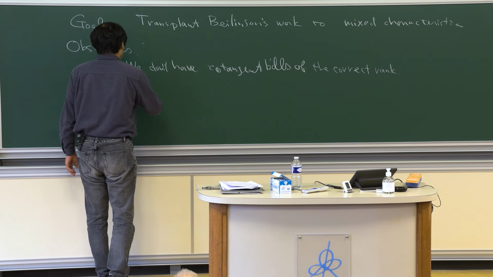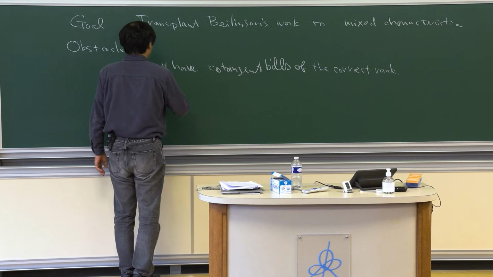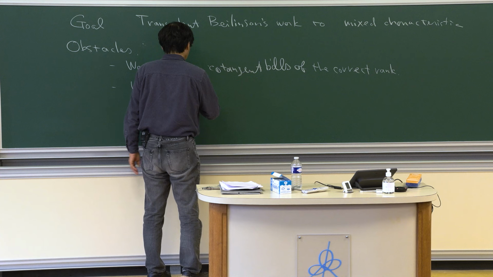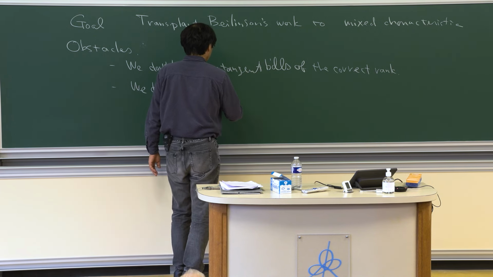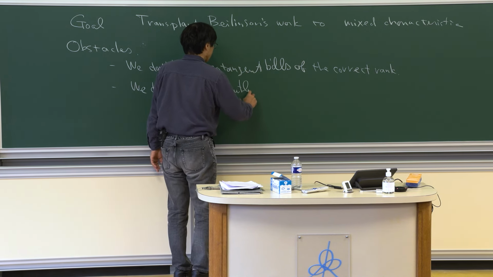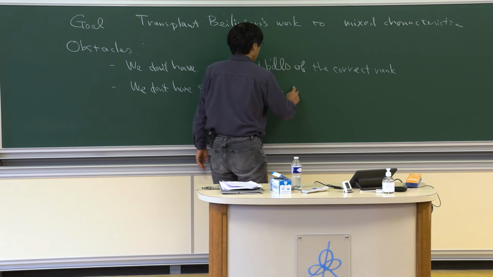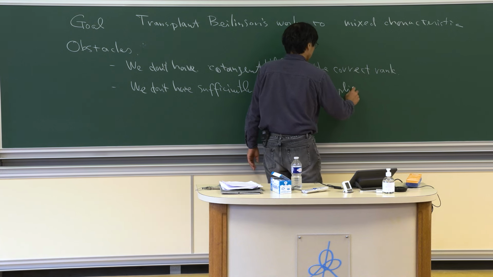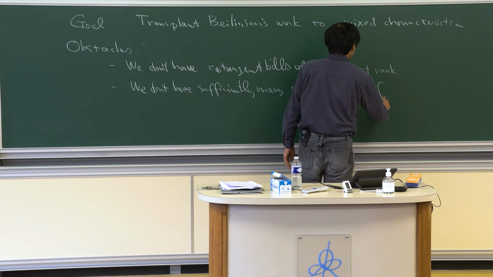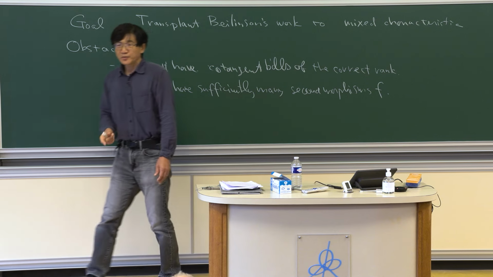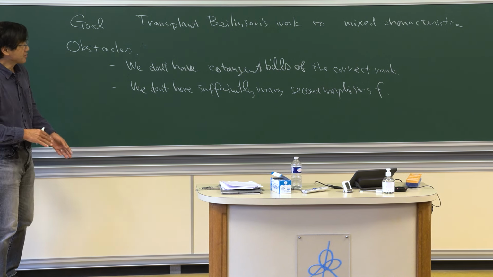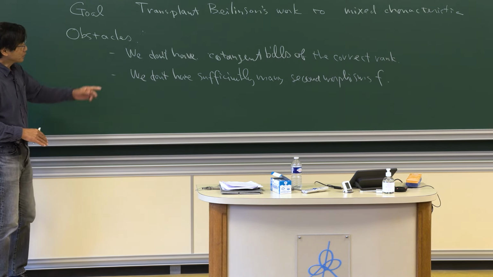But here we don't have sufficiently many second morphisms. In the geometric case, if you take any function, then you get a map to A1, so you have many morphisms f.